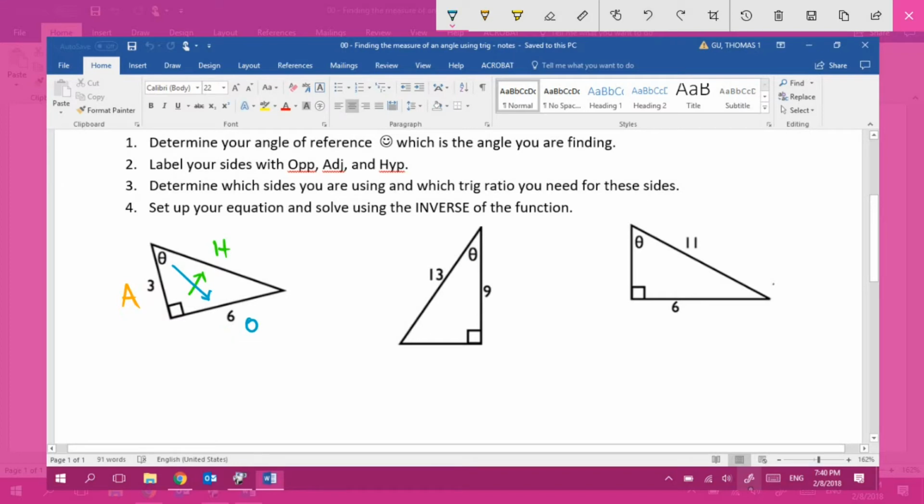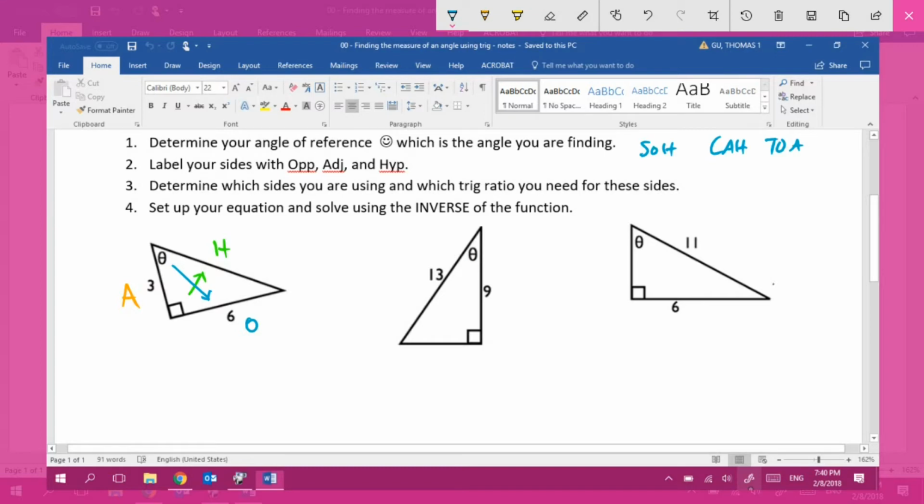And we're going to set up an equation using the trig ratio that utilizes these 2 sides. So remember, we've got SOH CAH TOA. We know the opposite and the adjacent side. Now, which one of our functions uses the opposite and adjacent side? That's the T, that's tangent. So we're going to be using tangent.